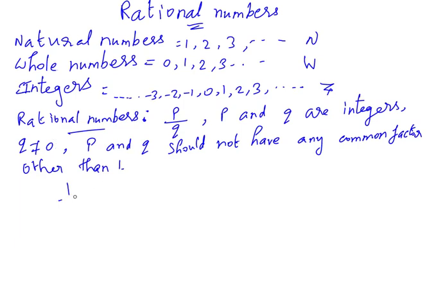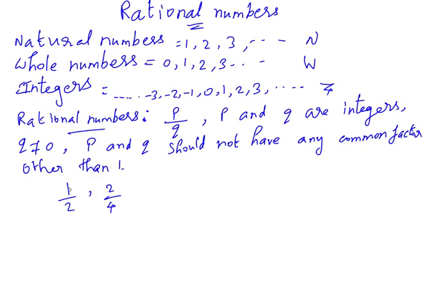Suppose 1 by 2. Here 1 is an integer, 2 is an integer. Both do not have any common factor. So 1 by 2 is a rational number. If we take 2 by 4, both have a common factor. So this is a fraction.